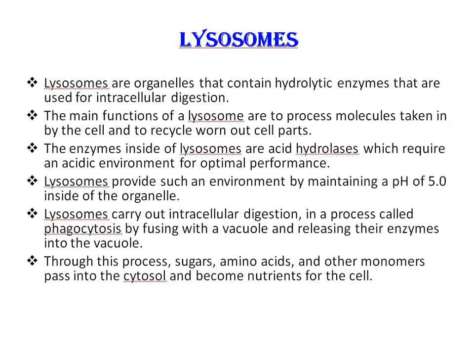So the lysosome carries out intracellular digestion in a process called phagocytosis. Phagocytosis comes from the Greek word phagein, to eat, right? So by fusing with the vacuoles and releasing their enzymes into the vacuole, through this process, sugars, amino acids, and other monomers pass into the cytosol and become nutrients for the cell.